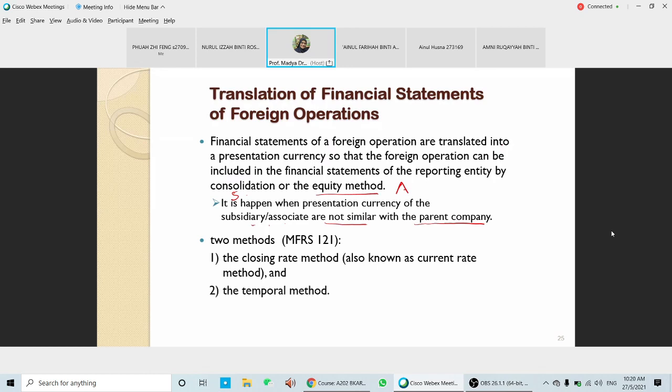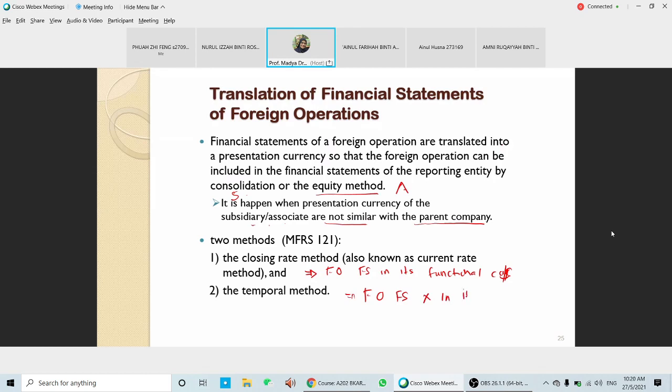We already discussed the closing rate method, and the other one is the temporal method. The closing rate method is used when the foreign operation prepares financial statements in its functional currency. For the temporal method, the foreign operation's financial statements are not in its functional currency.